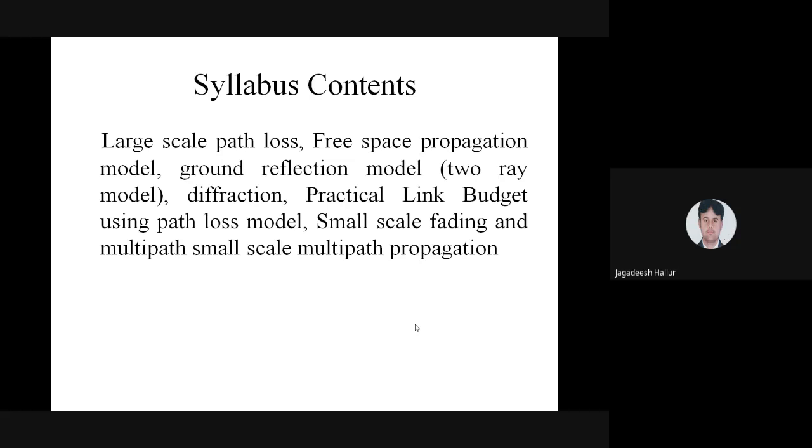Second, we have to see the derivation of the ground reflection model. In brackets he has written two-ray model. Again a big derivation comes, that is the two-ray model. There are two rays present in this ground reflection model.